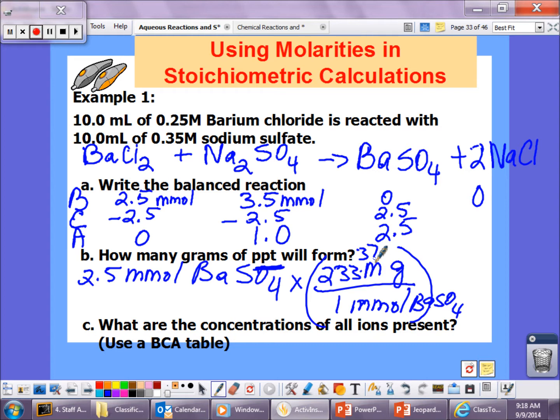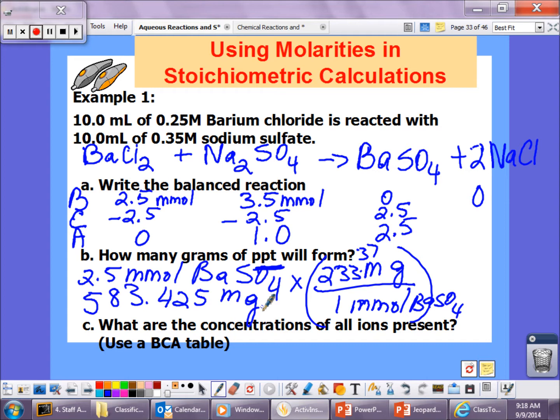Alright, so what is the mass of barium sulfate? Can someone please multiply 2.5 by that milligrams? 583 milligrams, which is the same thing as how many grams?